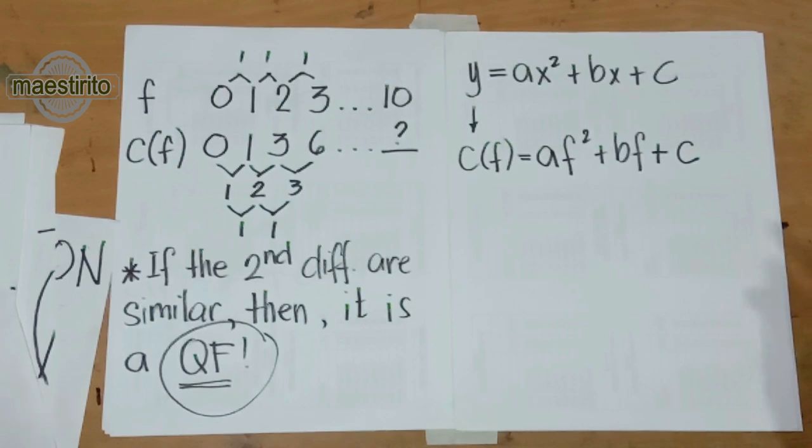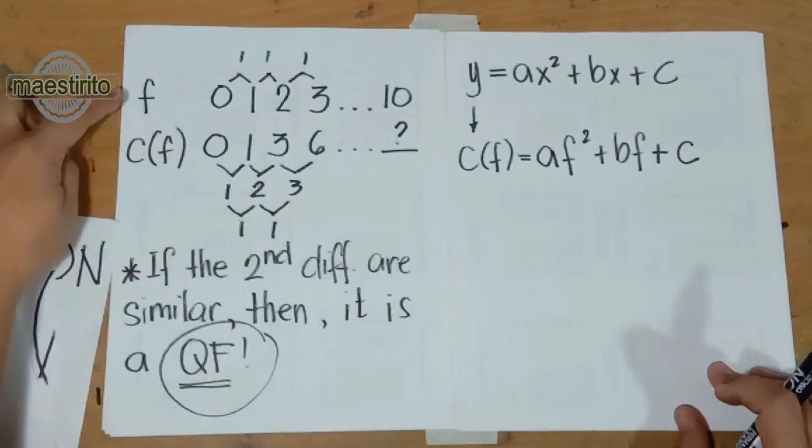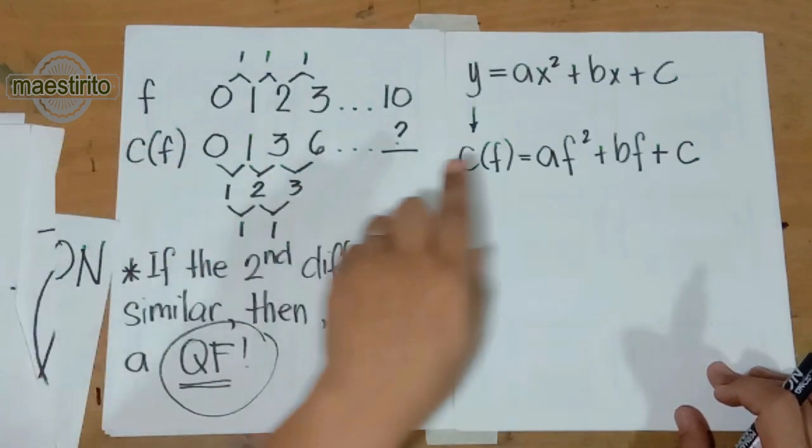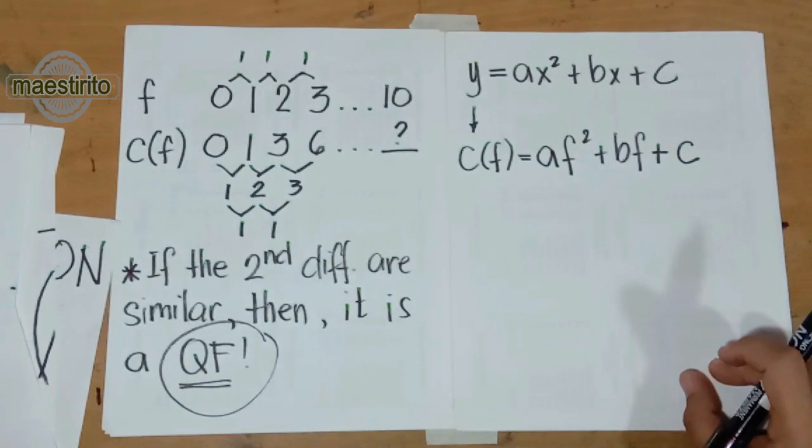Anyway, it's up to you if you want to use the notations that we use here, or you may stick with the y and x, as long as you know what would be your y and what would be your x. That's fine. Okay?